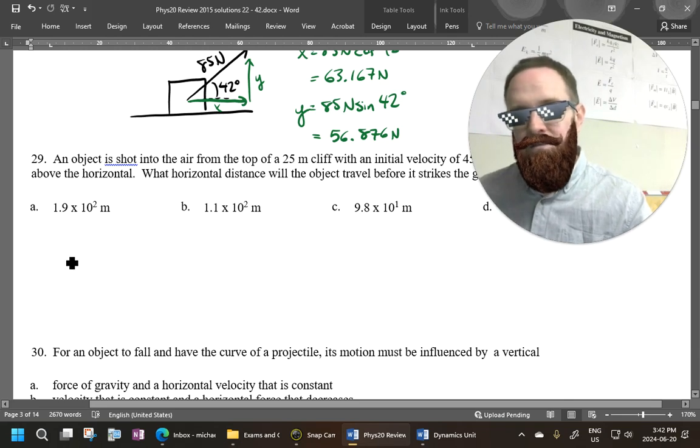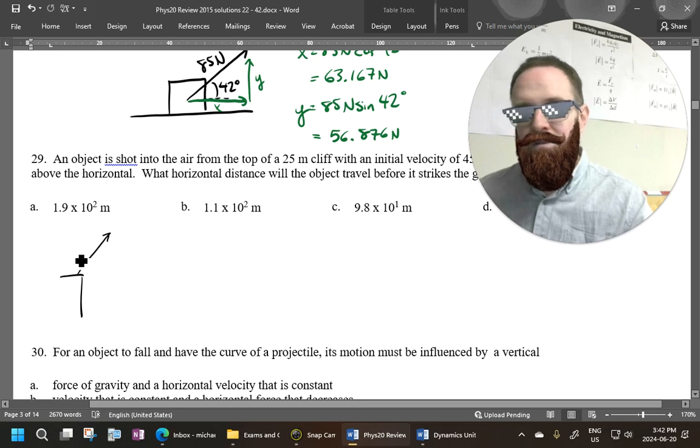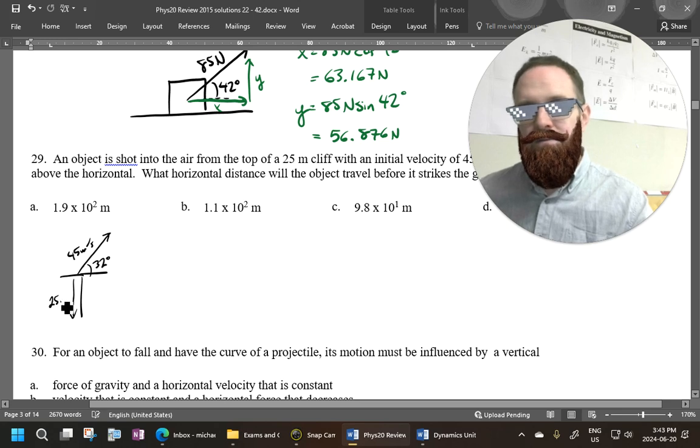So this object is shot upwards at 45 meters per second at this 32-degree angle. There's a height here. It's going to go down 25 meters to hit that ground.